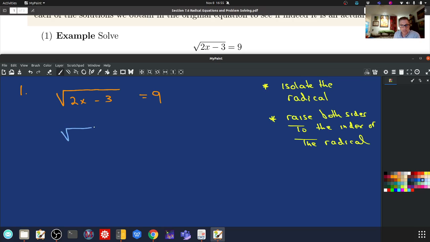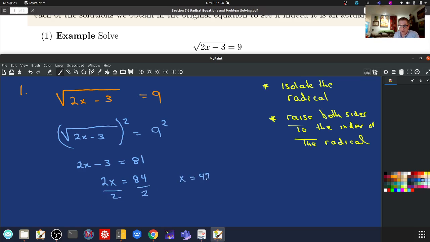So for the second step, my index is unwritten, but it's equal to 2. So by raising both sides to the index of the radical, it removes the radical sign. And that's exactly what we wanted. And 9 squared is equal to 81. So now I just solve this really easy linear equation. And that gives me x is equal to 42.